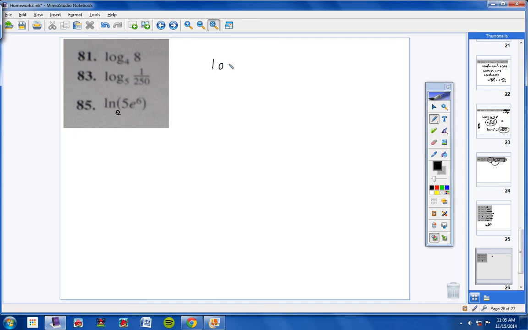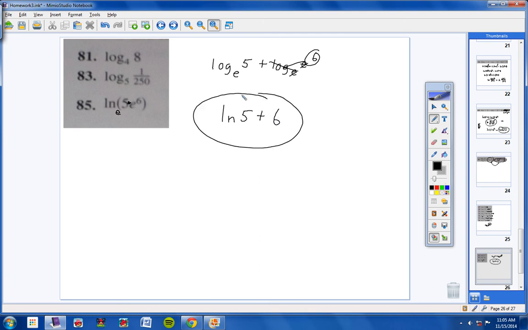I'm going to put log base e of 5 plus log base e of e to the 6th, because they're being multiplied right here. Now look, your base matches your base, so the entire expression here equals 6. So I have the natural log of 5 plus 6. And I think that's it. Let me look at the back of the book here real quick. Yeah, that's it. They have this for their answer. Either one of these is acceptable.